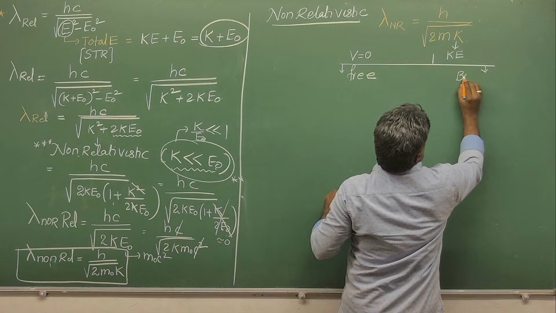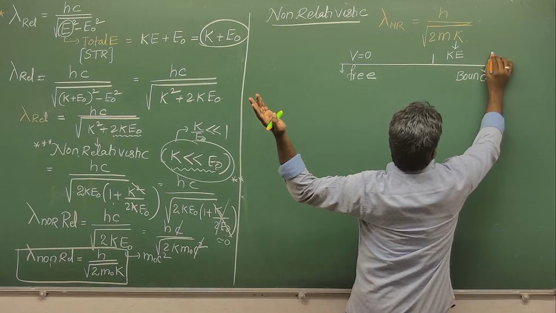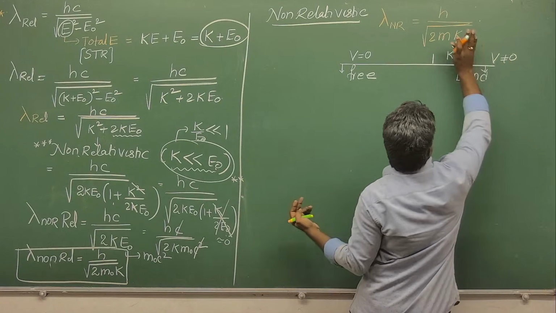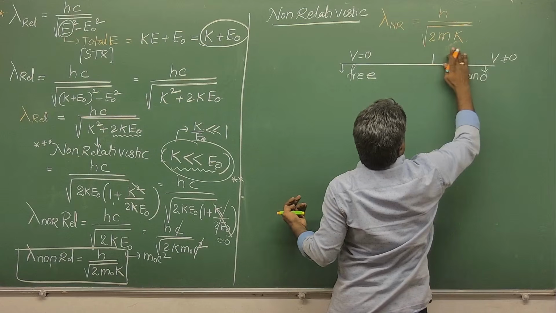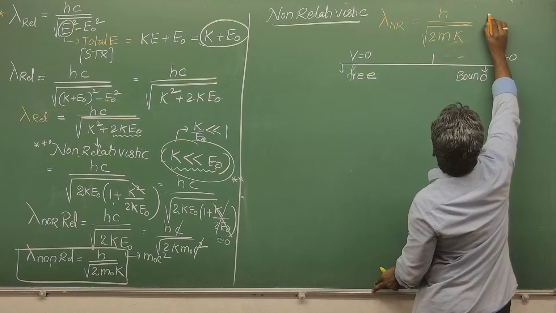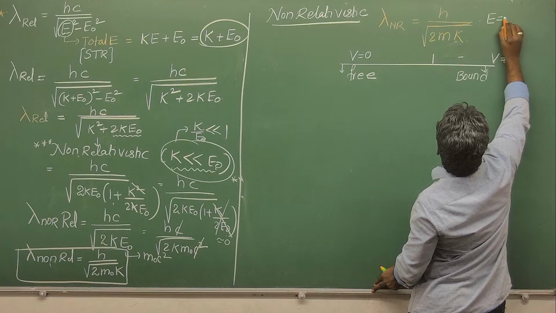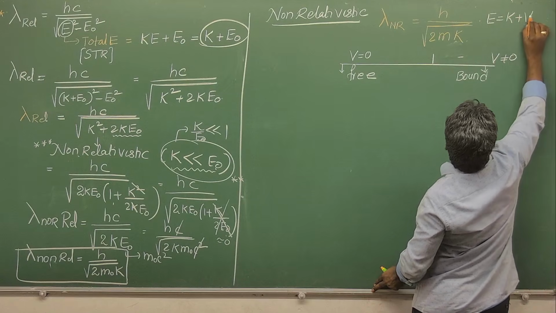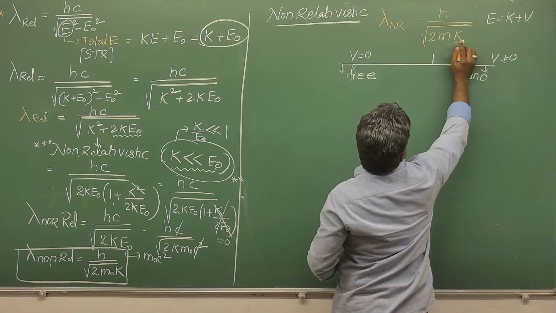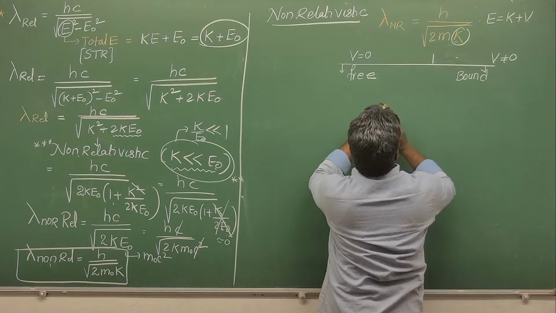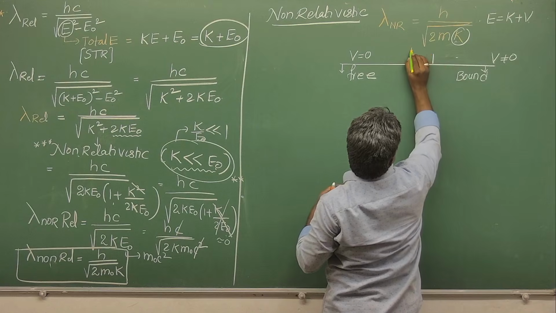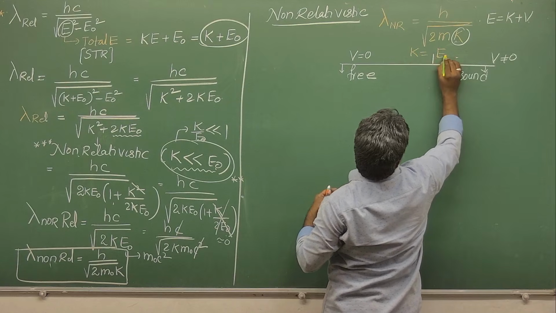And what is a bound particle? Total energy is always equal to kinetic energy plus potential energy. So kinetic energy can be written as K equal to E minus V.